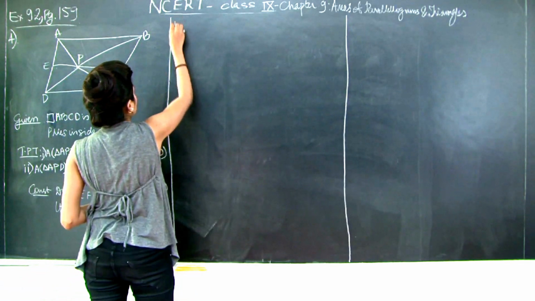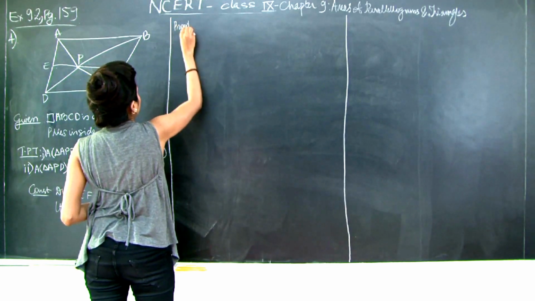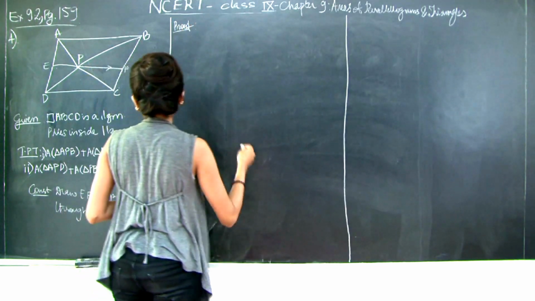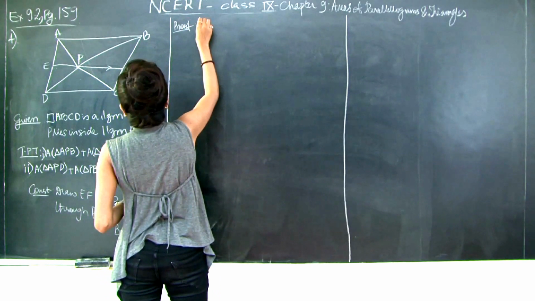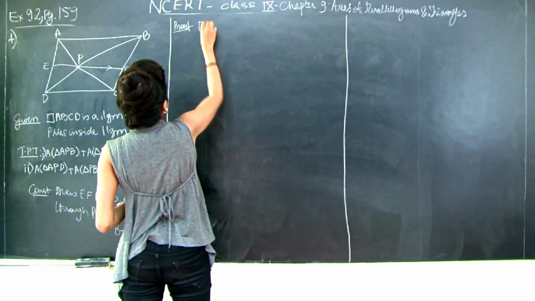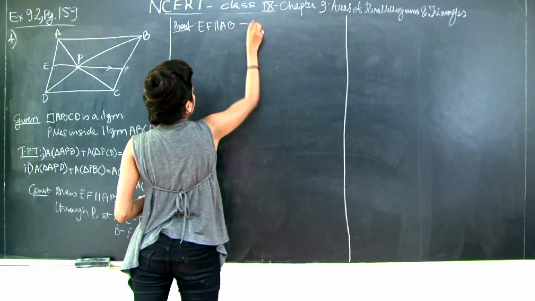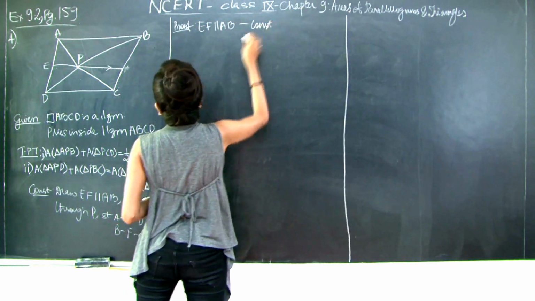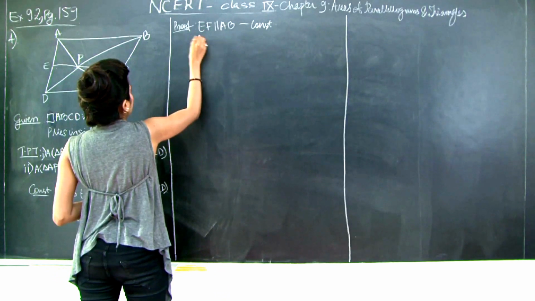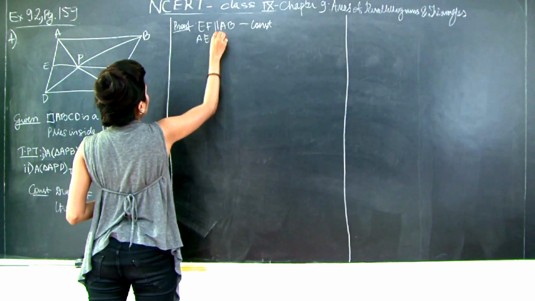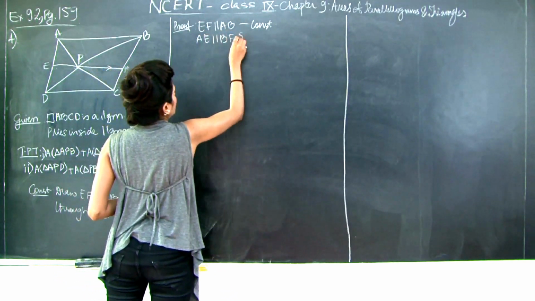So, proof of your section 1. I have EF parallel to AB because of my construction, and AE is parallel to BF. Why?